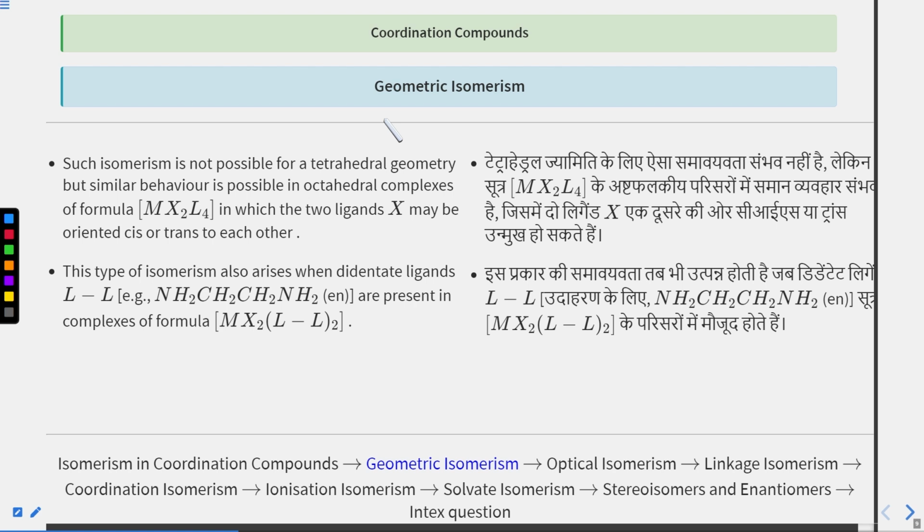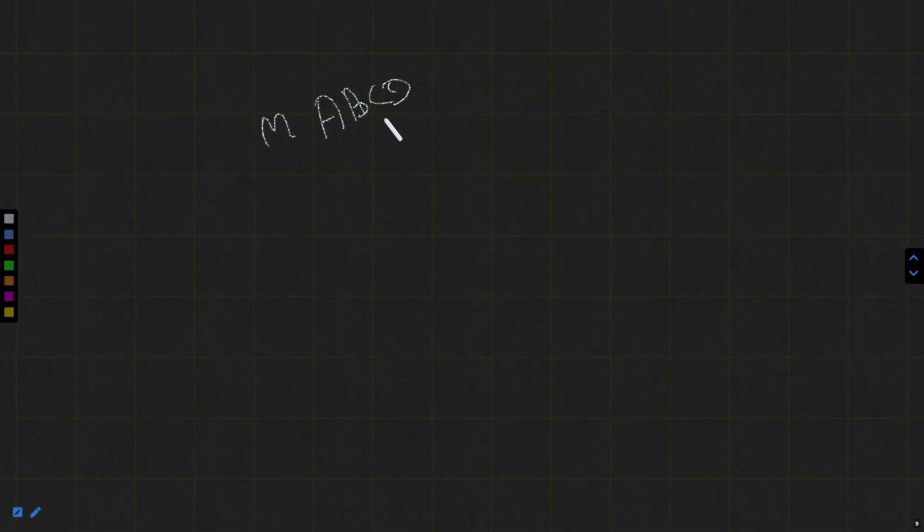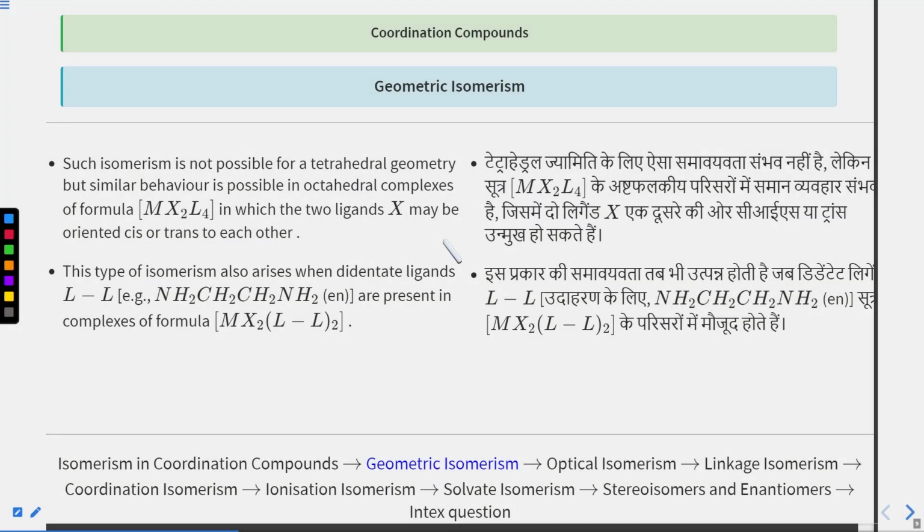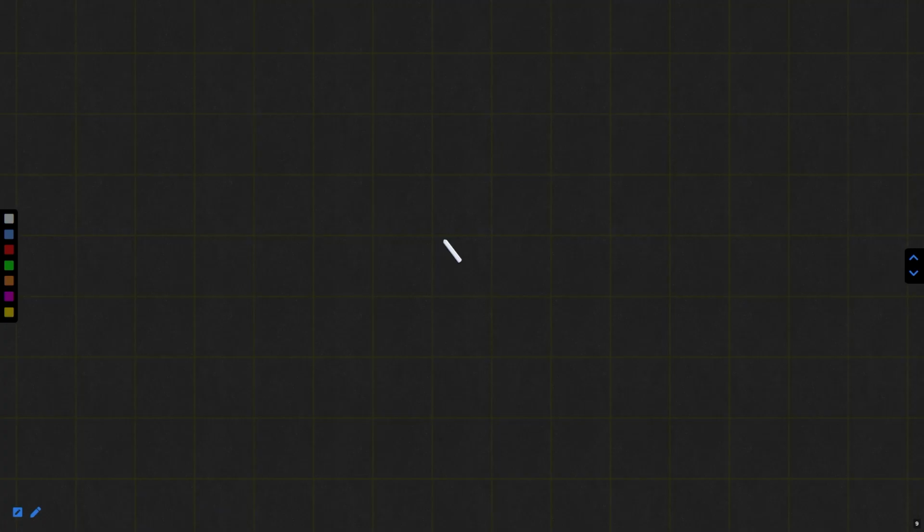Now, if I talk about tetrahedral, tetrahedral complexes have no geometrical isomerism. So you can take any ligand, it will never show geometrical isomerism. But our octahedral complexes can show geometrical isomerism. So we are just building up a table right now. Okay.